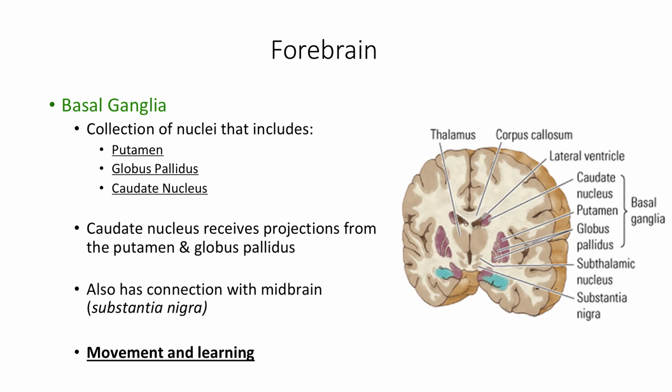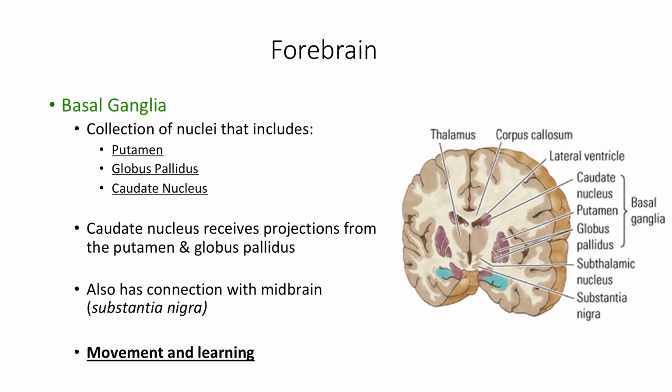Okay, so let's talk a little bit more about these structures. The caudate nucleus receives projections from all the areas in the cortex, and then it sends its own projections through the putamen and the globus pallidus to the thalamus, and then from there it goes towards the frontal areas of the cortex, so the frontal lobe areas.